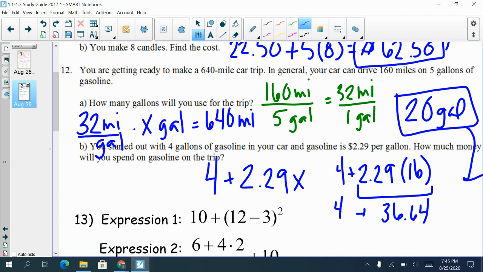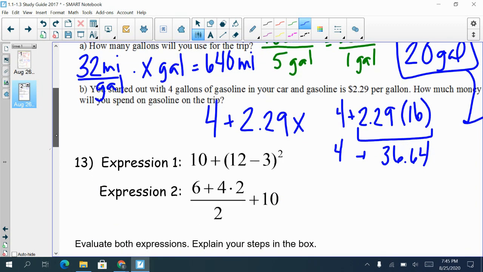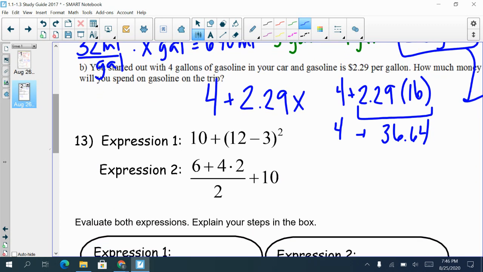We're going to add 4 because that's the number of gallons we already had. Pause. We don't need to add the 4 because we don't need to spend money on it, right? Right. Or try again.